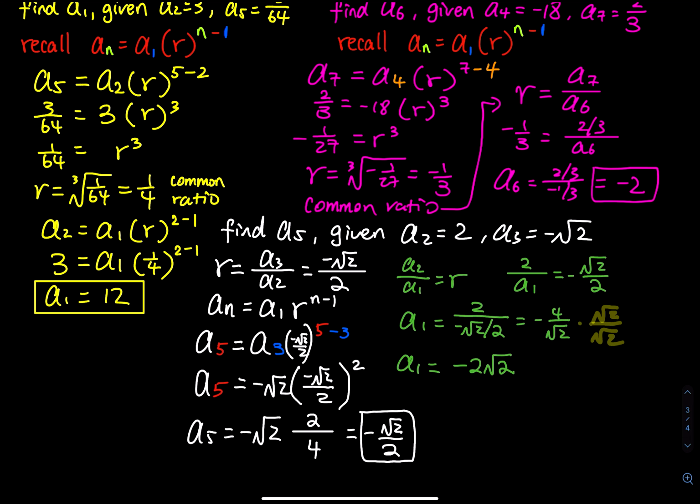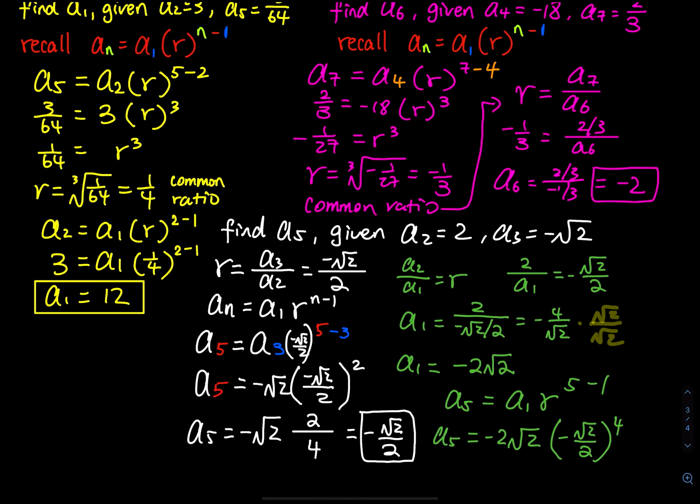And then we are going to do that. a5 is equal to a1 times r to the 5 minus 1. And then just plug in. So we have a1 is -2√2. Too many 2's, √2, and then r is -√2 over 2, and this is a 4th power.